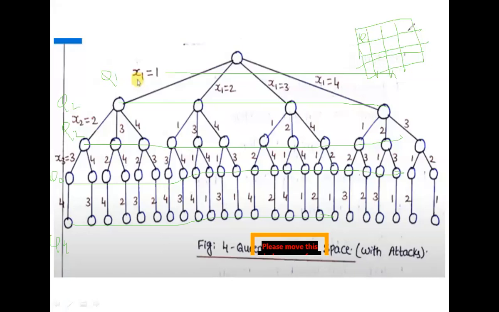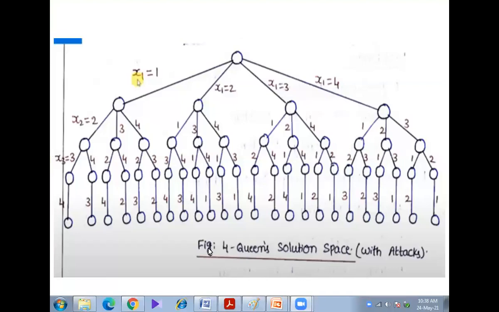This is one way. In another way, first queen in the first column, second queen in the second column, third queen in the third column, fourth queen in the fourth column.